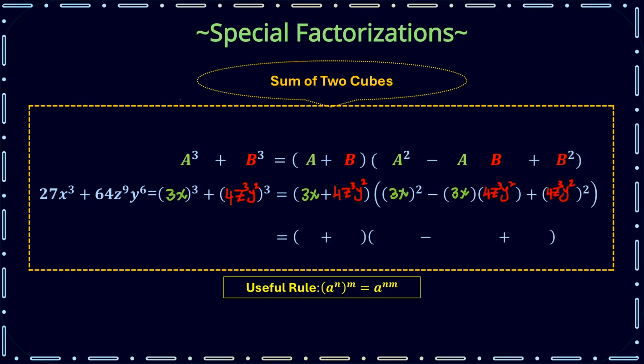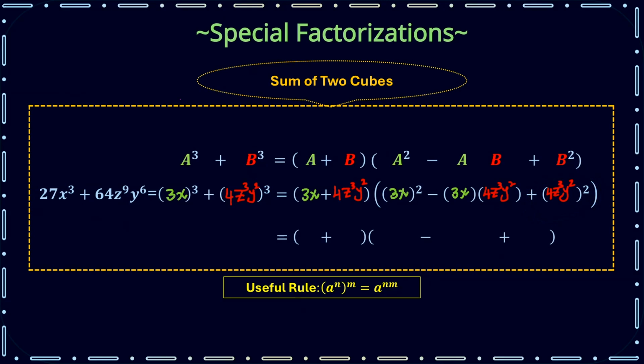All right, this is the hard part. Next step is to simplify. And by that, I mean that we have to exponentiate, we have to multiply, and we have to exponentiate or square here to get to the final expression.